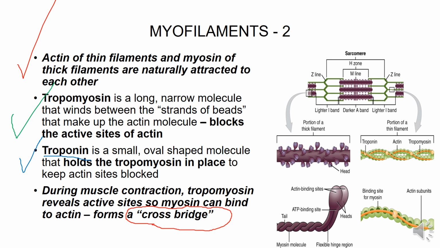And that's what we call troponin. So these two, tropomyosin and troponin, the two that start with T, these are once again called regulatory proteins. They help regulate how much we contract. And then myosin and actin, myosin being the thicker one, actin being the thinner one, these are the contractile proteins.